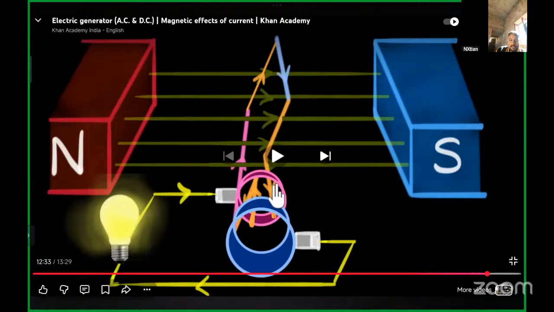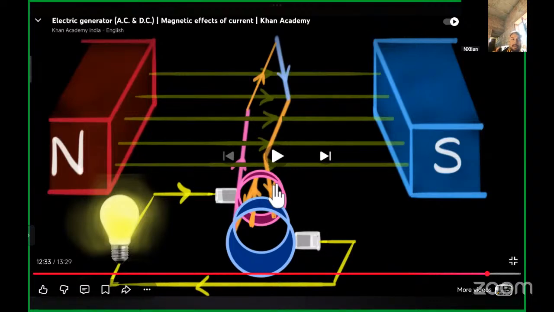But because the split rings are there, if the blue part is connected to the yellow one, then when it moves like this, the pink one will attach to it so that the current will not change direction inside the bulb. So there is not much difference between the AC generator and the DC generator. In the DC generator, they simply use split rings. Otherwise, the concept is the same.